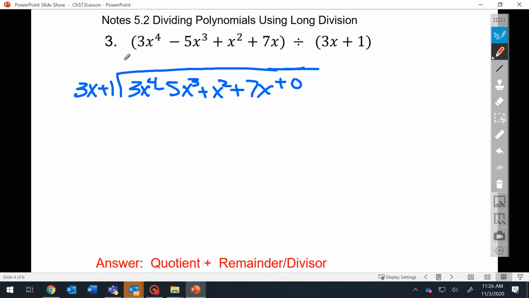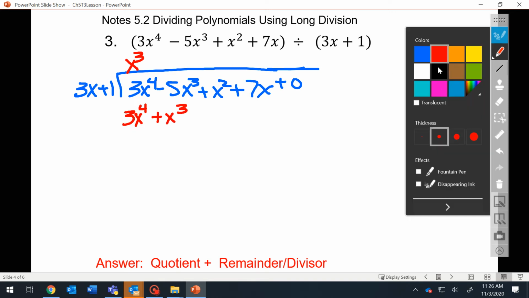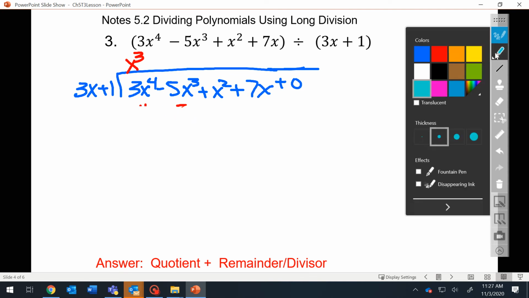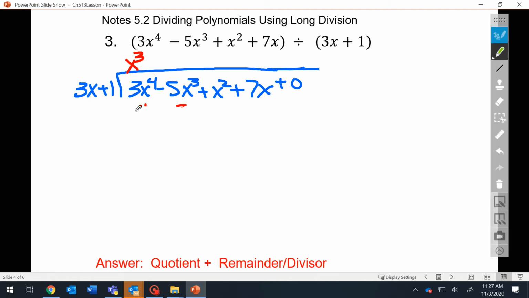So that would be x cubed, because 3x times x cubed is 3x to the fourth, and 1 times x cubed is x cubed. Let me do that in a different color. Sorry, that's 3x to the fourth, and then plus x cubed.